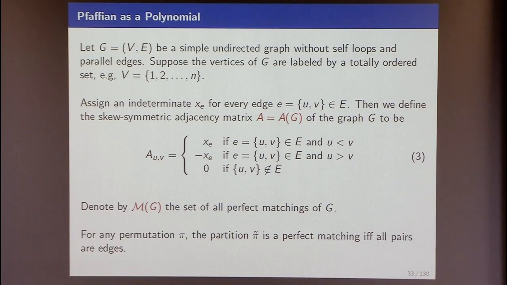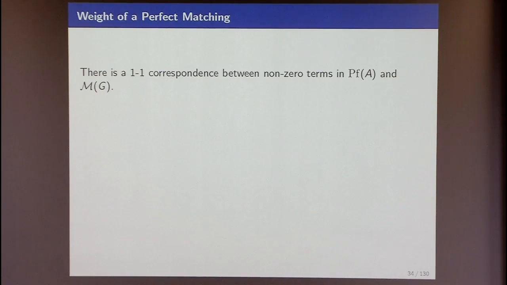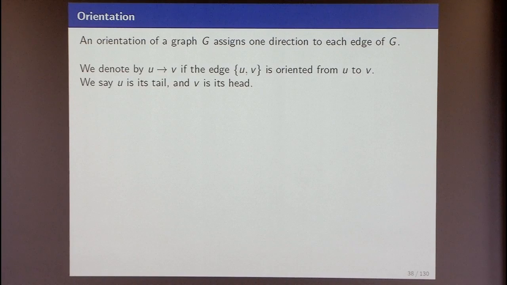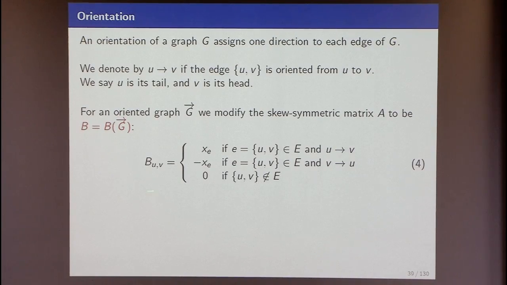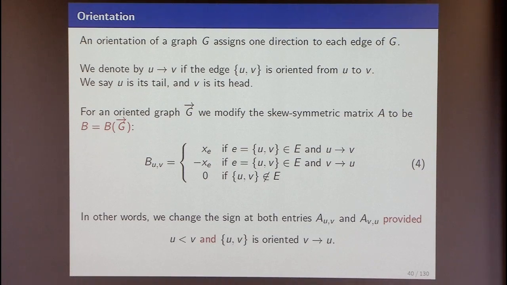But if I want to put a negative sign, I have to put a negative sign on the other side, which may already have a negative sign there. So you just flip. That's the definition of this antisymmetric adjacency matrix for an oriented graph. So this is what I'm saying, that you can just think about this as modifying the A in this way.